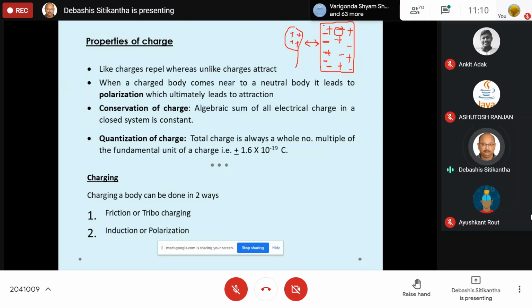So even though this entire body still remains neutral because the number of electrons and positive charges are the same, there is still an alignment of the electrons towards the left hand side of this wall. This induces what is known as an induced charged surface.